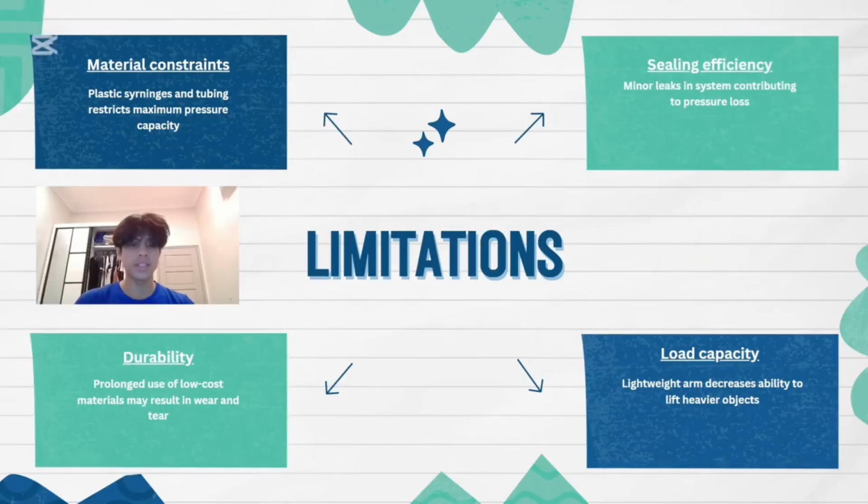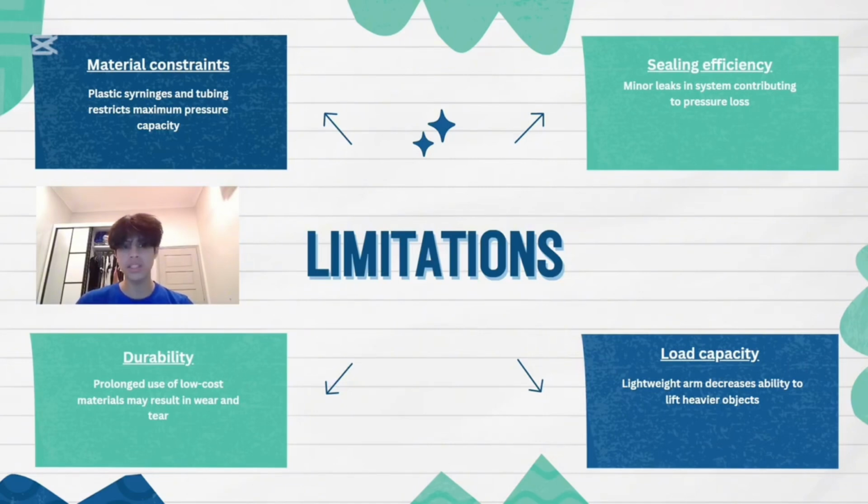I will be presenting the discussion and the limitations of this project, the hydraulic arm project. Alright, firstly, I will be talking about the material constraints as my first point.